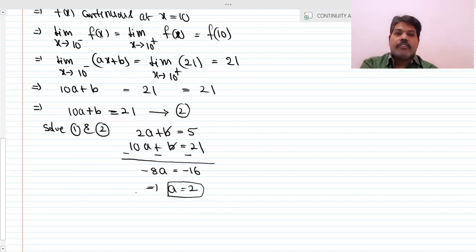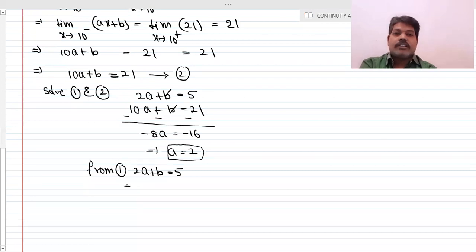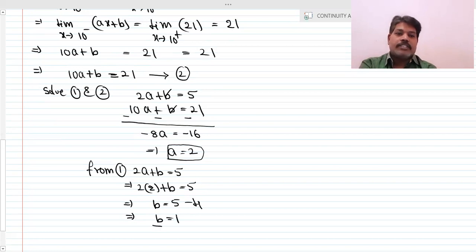After getting the a value, substitute it in equation 1. Equation 1 is 2a plus b is equal to 5. Replace the a value here: 2 into 2 plus b is equal to 5. That implies b is equal to 5 minus 4, so b is equal to 1.